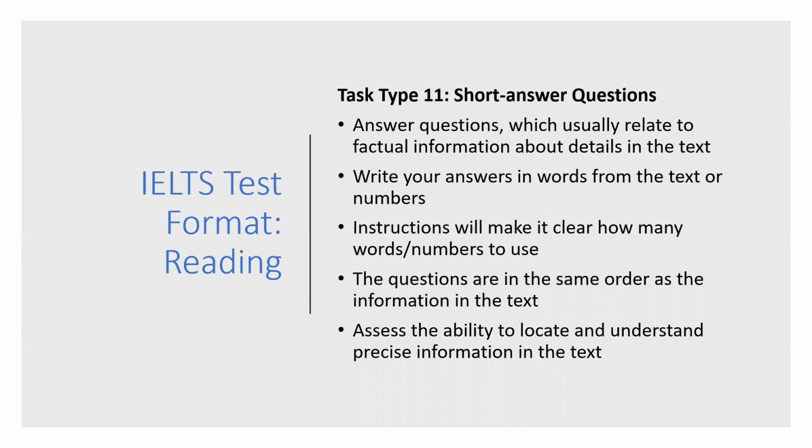We have to answer questions which usually relate to factual information, and we have to write our answers in words from the text or numbers. Instruction will be clear how many words we will be using. The questions are in the same order as the information, and these kind of questions assess our ability to locate and understand precise information. These are very simple.